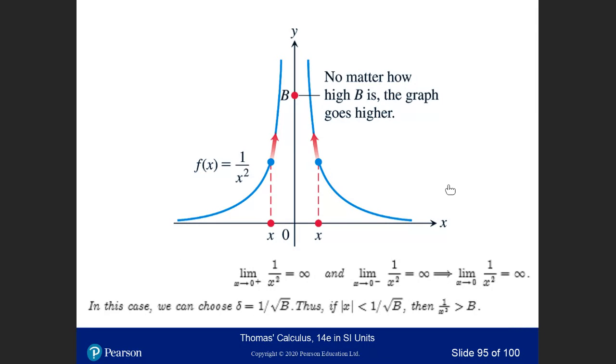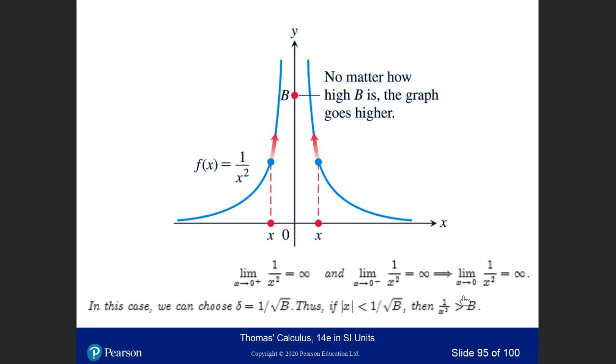Okay, now that's a two-sided case. The limit as x approaches 0 from the right-hand side is positive, 1 over x squared. From the left-hand side it's positive, so it is two-sided. So we write just the limit as x goes to 0 of 1 over x squared is infinity.